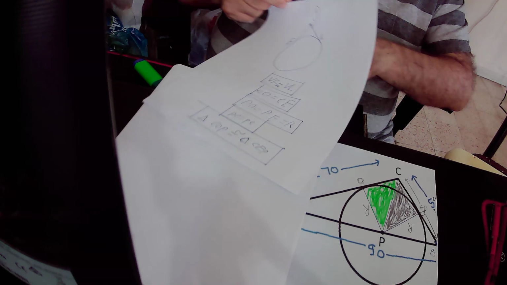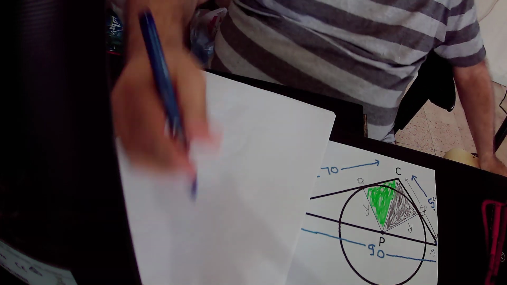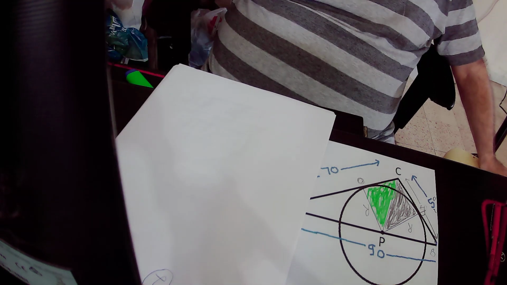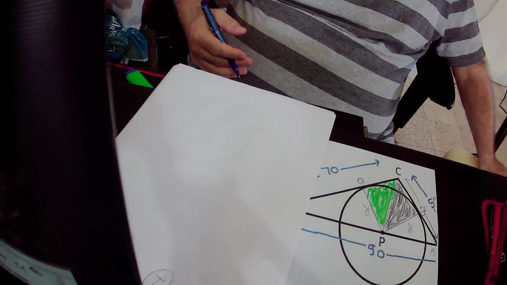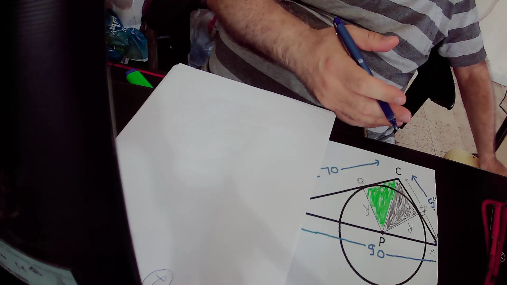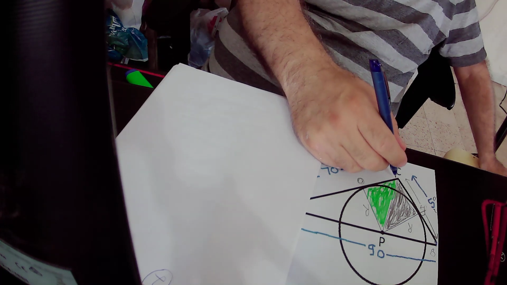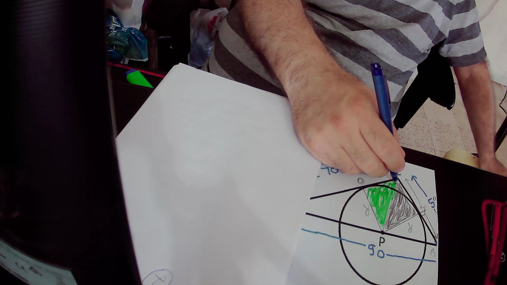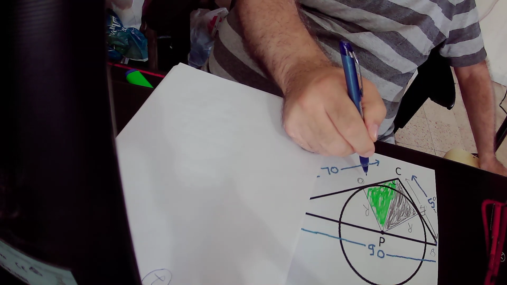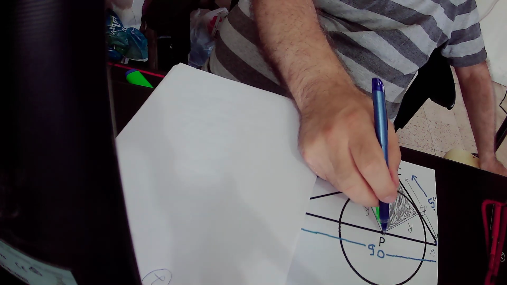So we can deduce from the fact that those two triangles are congruent to each other that this angle PCO equals angle PCE.